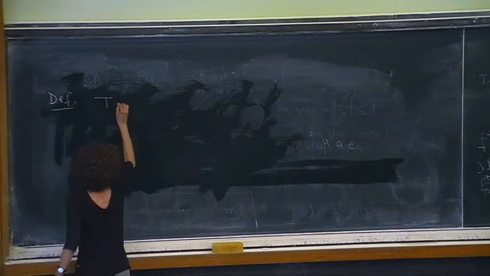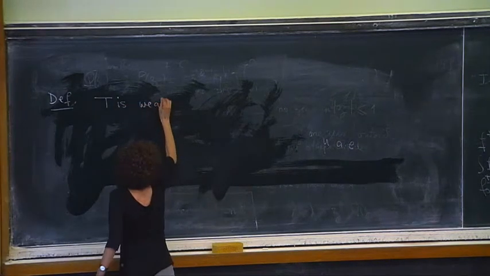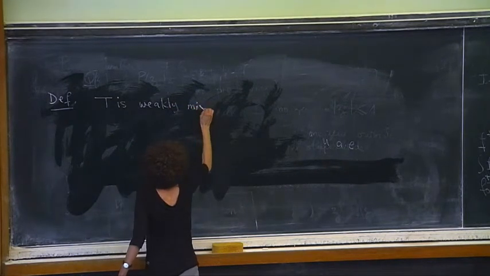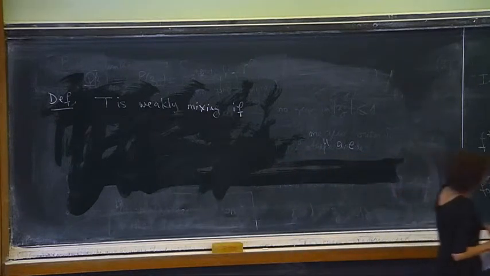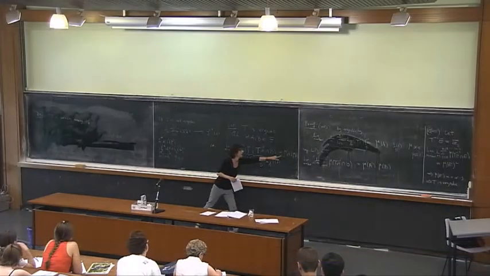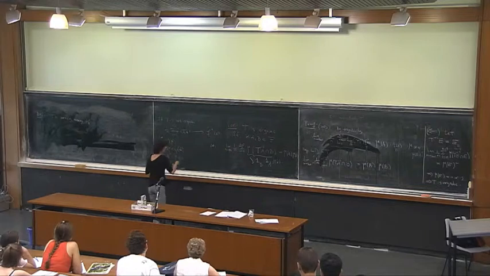So we call T weakly mixing if, of course, star, you can rewrite it in a trivial way by bringing the left side in.